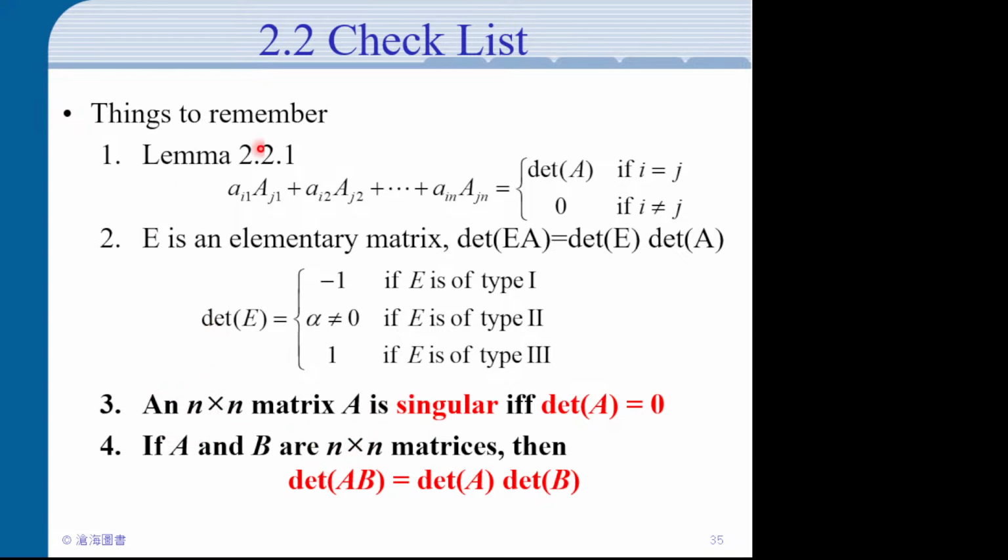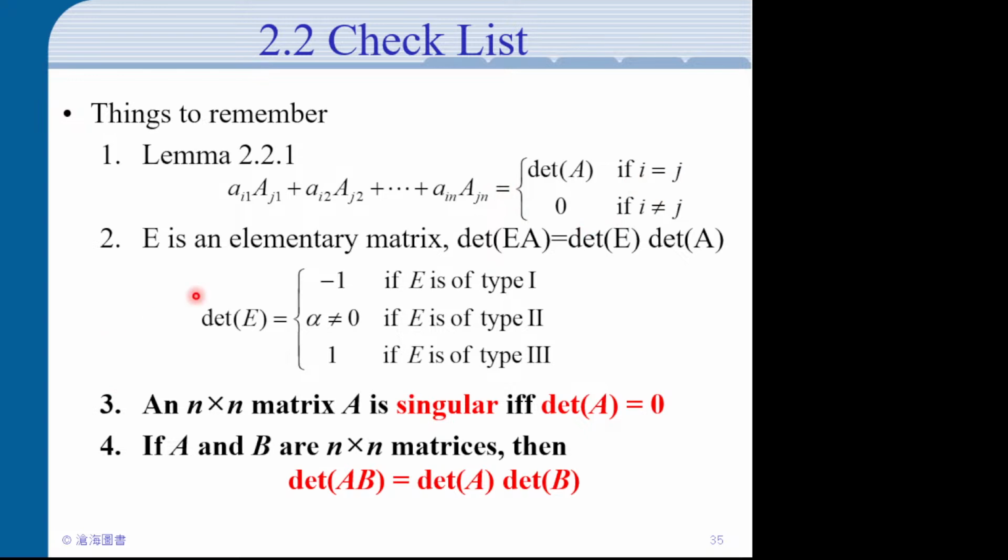And then there are interesting lemmas we proved here. So first is this weird cofactor lemma where you have the cofactor on the jth row times the element on the ith row, then you see this is the determinant if i equals j and it's 0 when i is not equal to j.